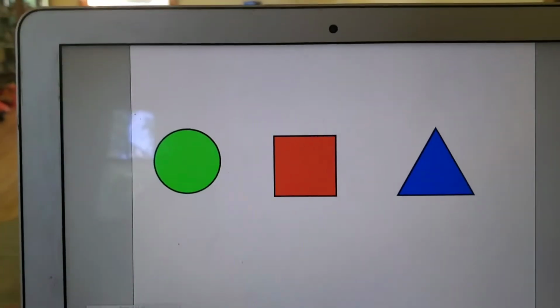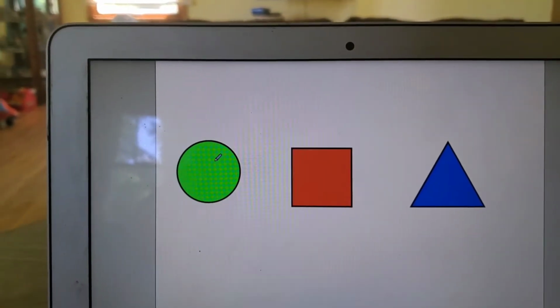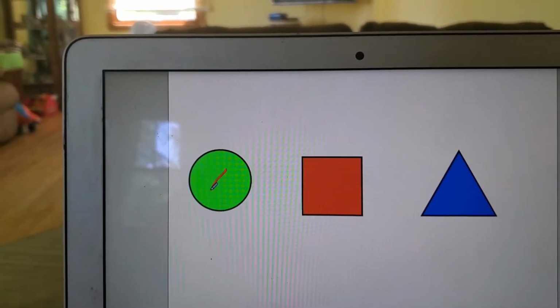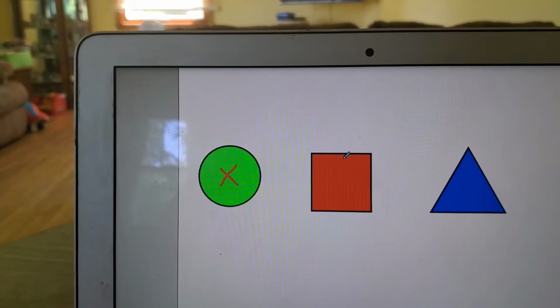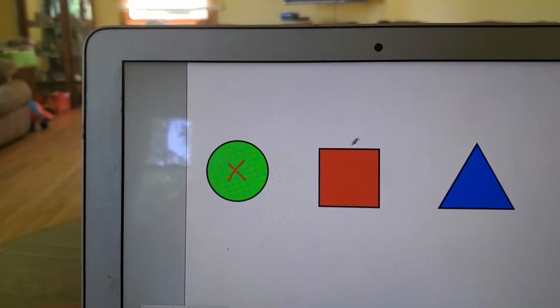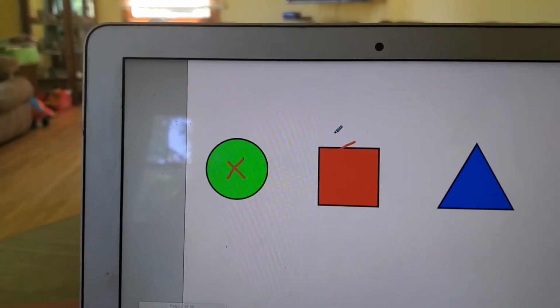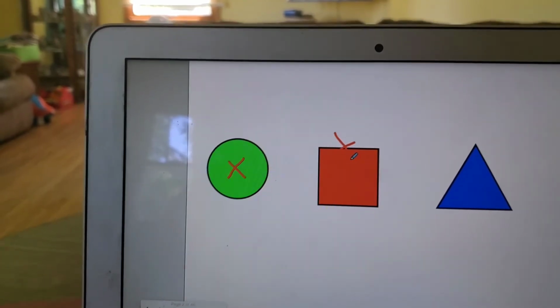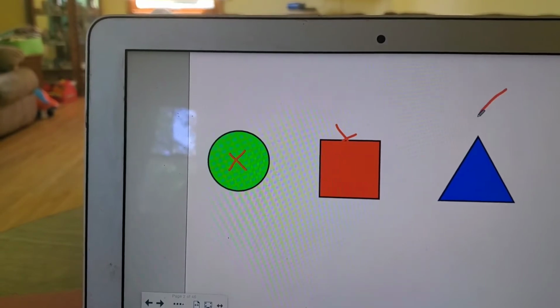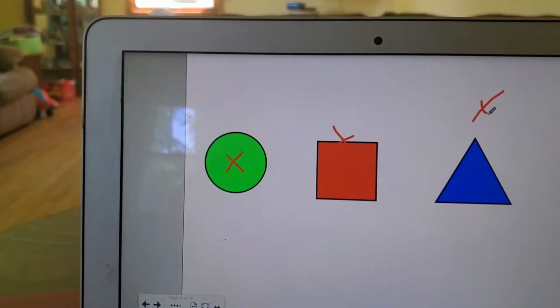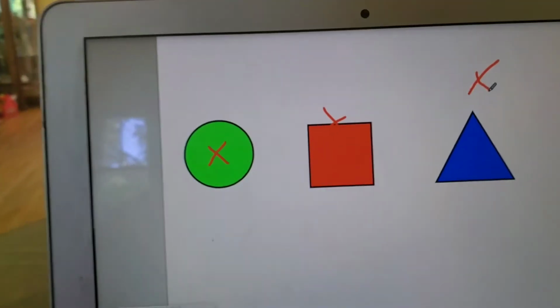So here's what it should look like. You're drawing an X inside the circle, and then you're drawing an X on the square, and then you're drawing an X outside of the triangle. Anywhere, it doesn't have to be there.